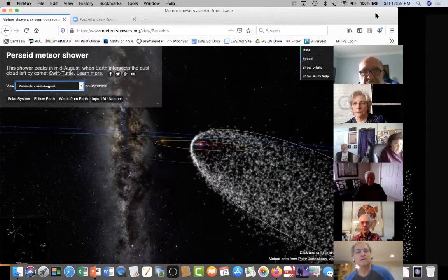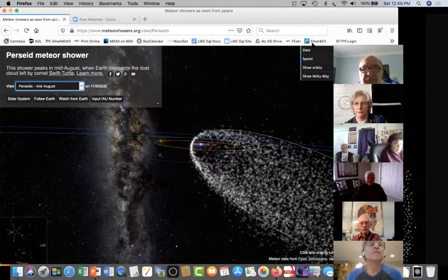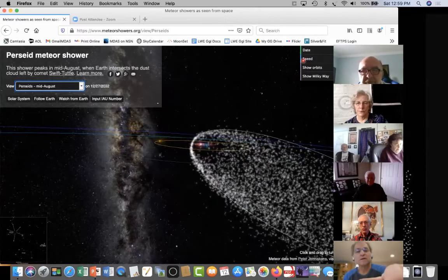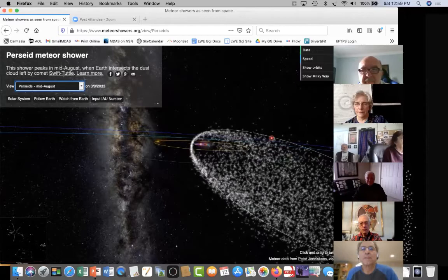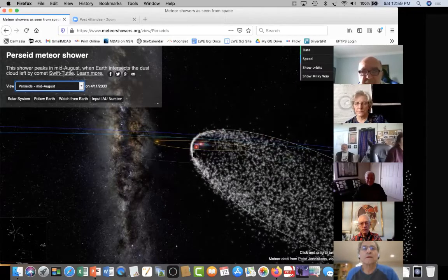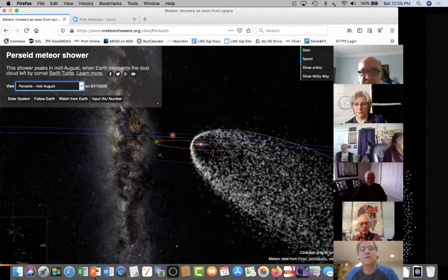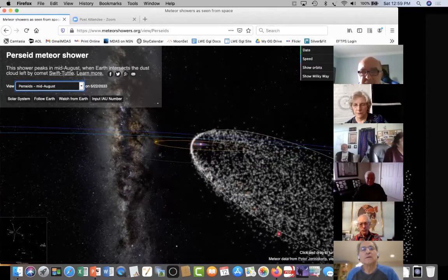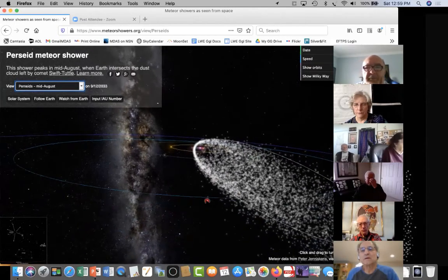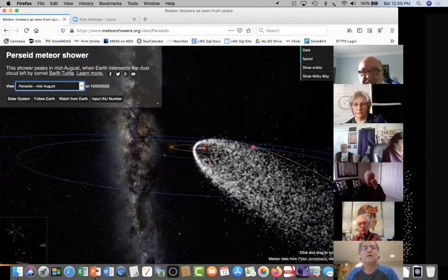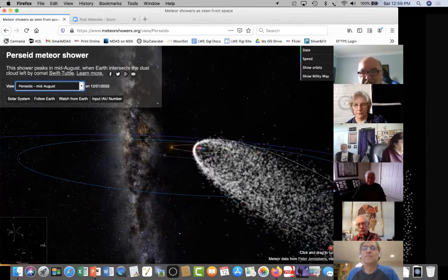Here, let me brighten up my cursor again. This is the path of Comet Swift-Tuttle as it comes into the inner solar system and then goes out again. If we come back out, you can see that it goes way out here.